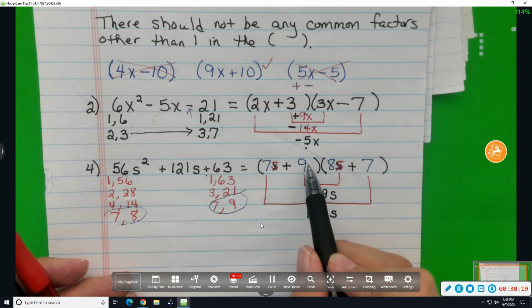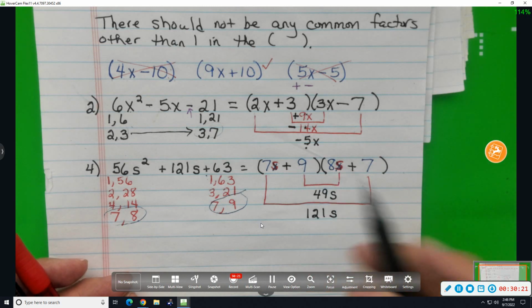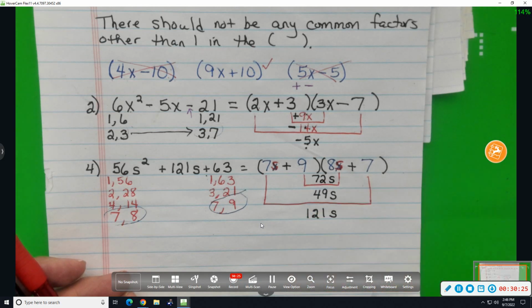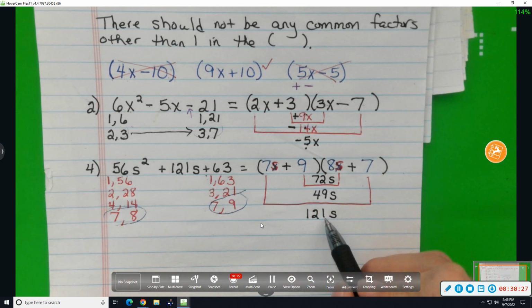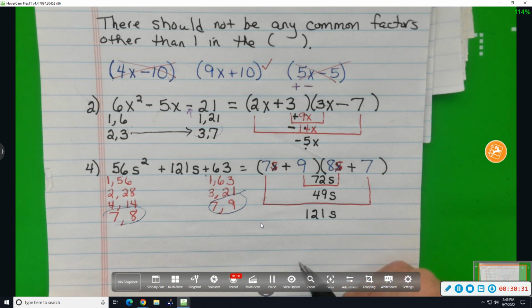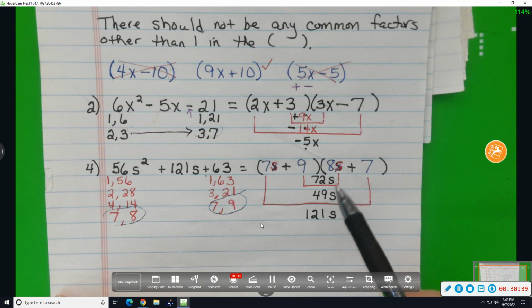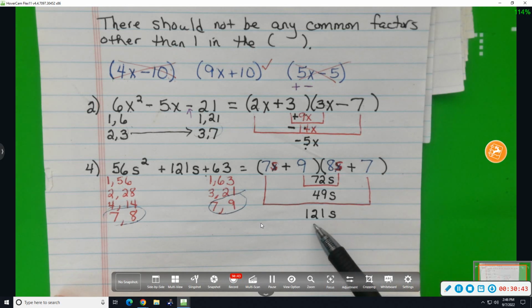The 9 times 8s? 72s? Oh gosh, it's not going to add together to give 121. If it is, we're finished. If it isn't, silently I'm going to stomp my foot and curse and move on and try a different pair of numbers. 72 plus 49, I think that's it.